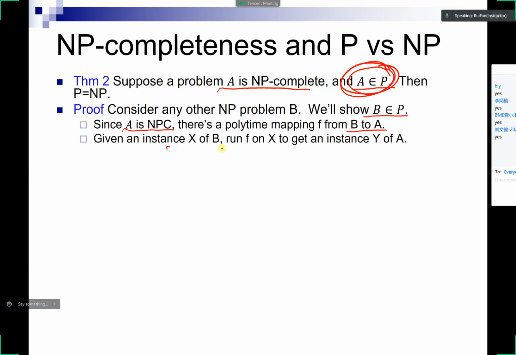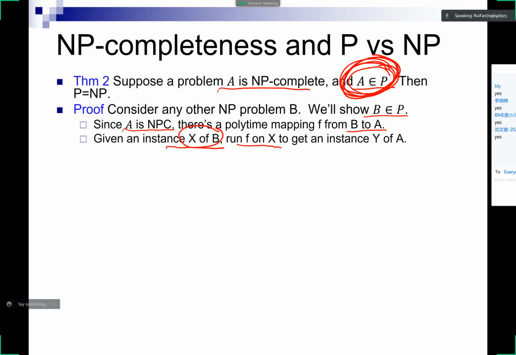So now if I give you an instance x of B, then I can just run this polynomial time reduction to transform x to an instance of A. And since you've proven that A is solvable in polynomial time, I can just solve this instance of A in polynomial time, and the answer gives me the answer for this instance x of B.